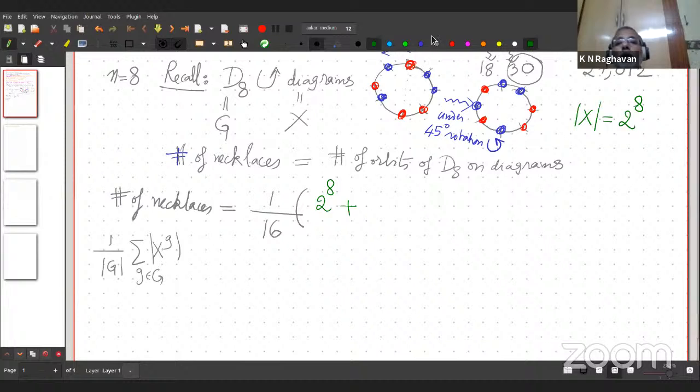Any answers? So imagine putting some colors on these vertices, but the condition is that if I turn it by 45 degrees, the diagram should look the same.